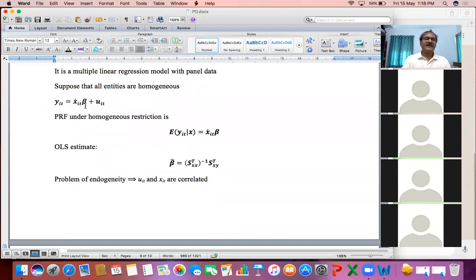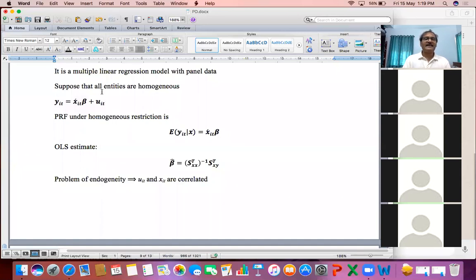In this random error, one component may be the level of intelligence of the worker, and the level of intelligence of the worker is unobserved. Unobserved in the sense that we don't have any information or data. So in your sample, you don't have any information on the level of intelligence of the worker, so it is incorporated into the random error. And X is the level of education. So how do you face an endogeneity problem?